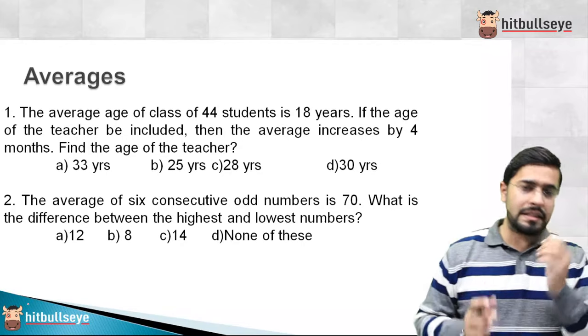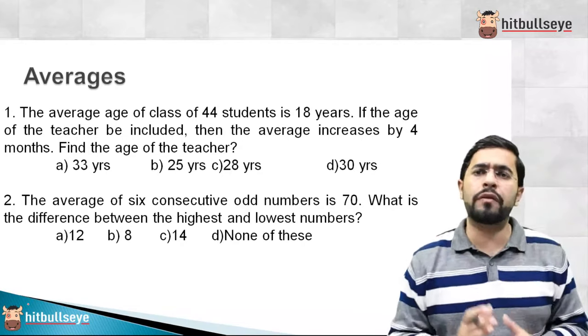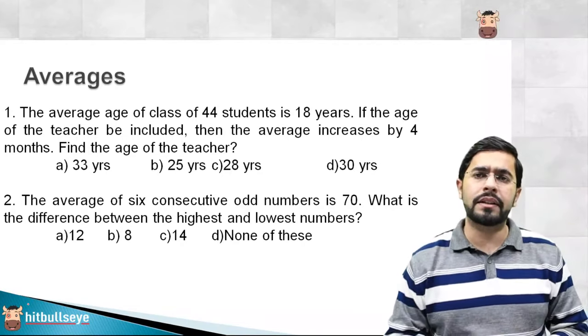So next comes the topic of averages. Since there is just one formula that comes under the heading of averages, I haven't made a specialized slide for this. A very simple formula to find the average is the total of that quantity divided by the number it contains.